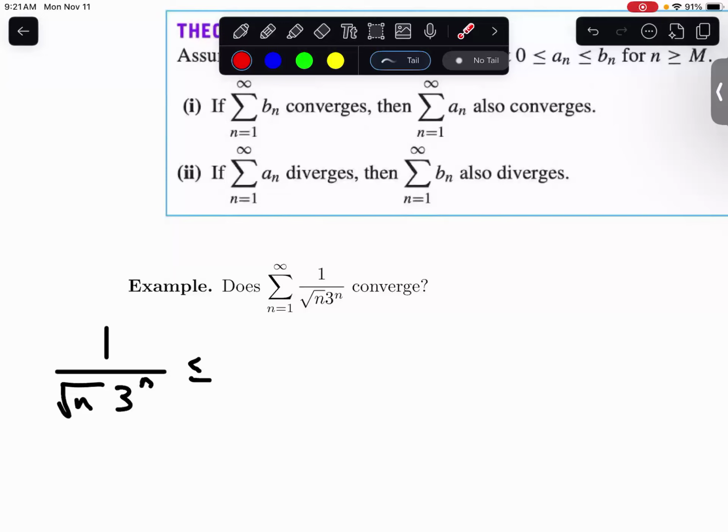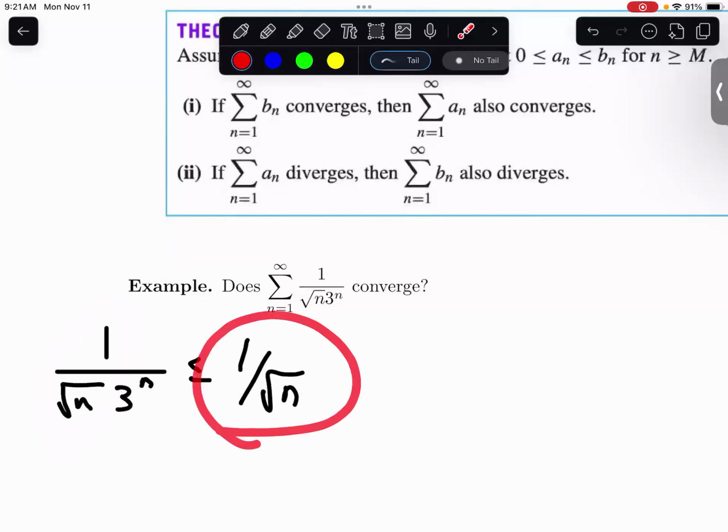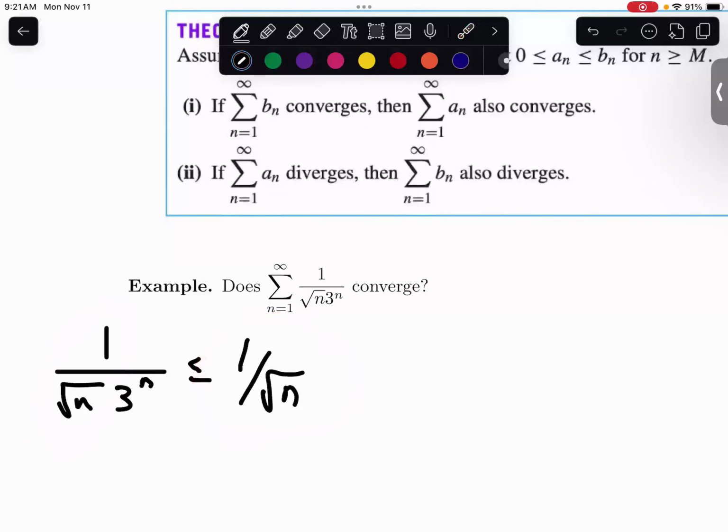If we said that this was less than or equal to 1 over the square root of n, it wouldn't really give us any useful information, right? If we said this, I'm going to erase this later on. This is kind of the wrong choice. Because if you think about it, we already know that this series goes to infinity.